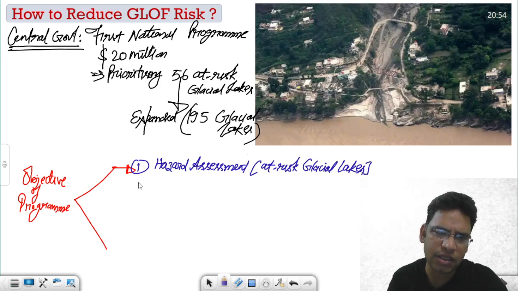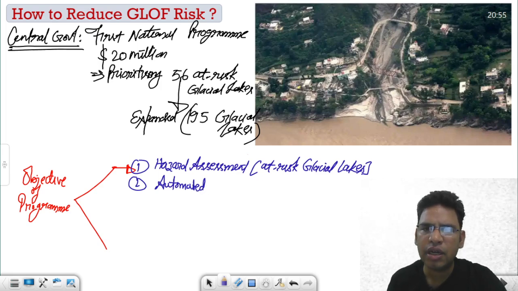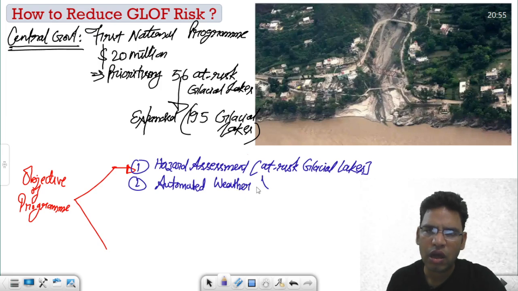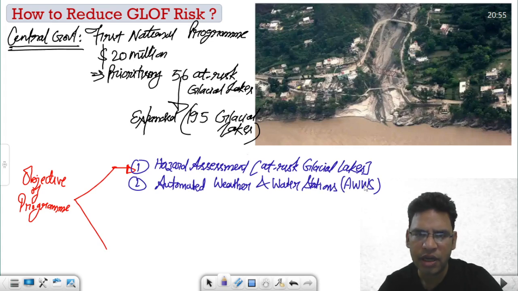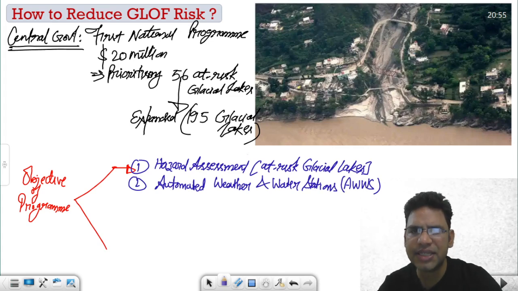So another one is automated, right? So here they are using science, right? Automated weather and water stations, and in short they call it AWWS, okay, automated weather and water stations, right?